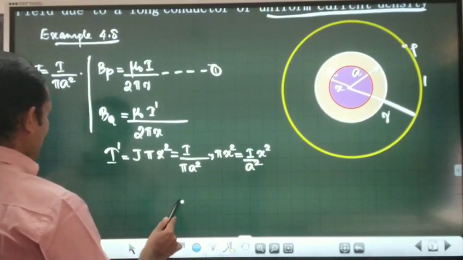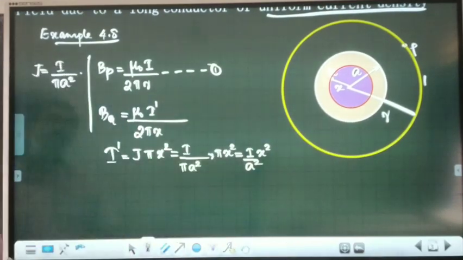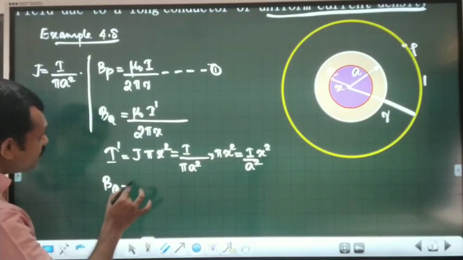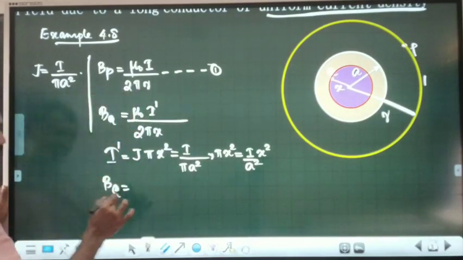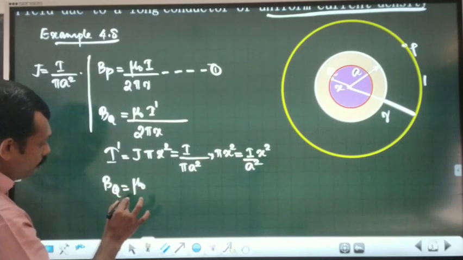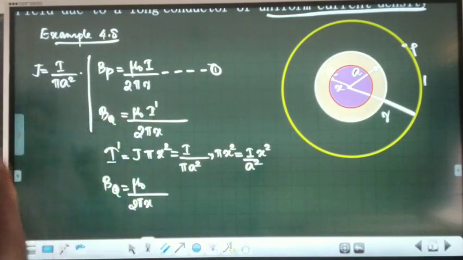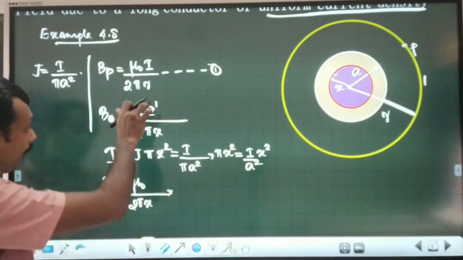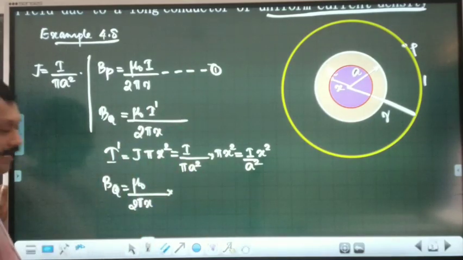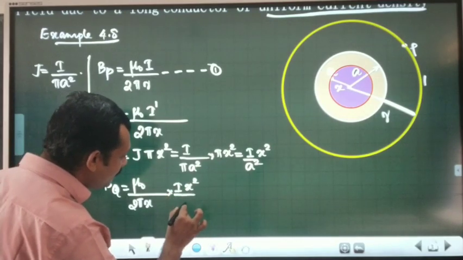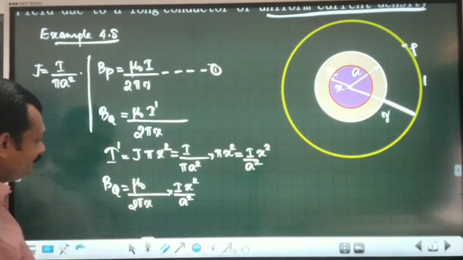Now the question is, what is BQ? Substituting for I dash, BQ is equal to mu 0 divided by 2 pi x, times I into x square divided by a square.